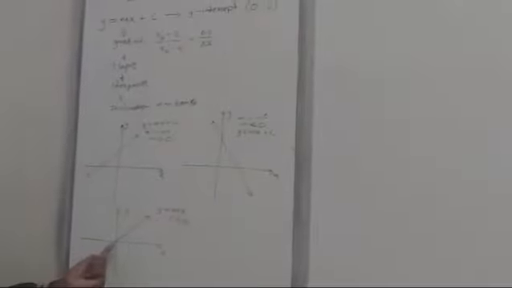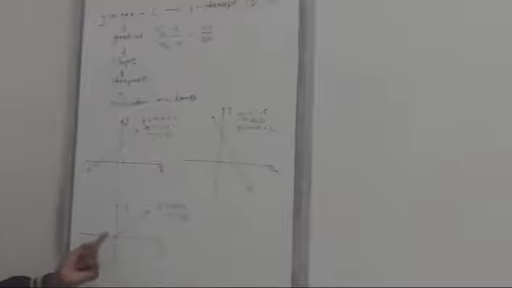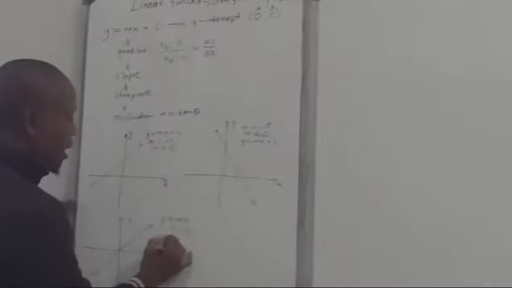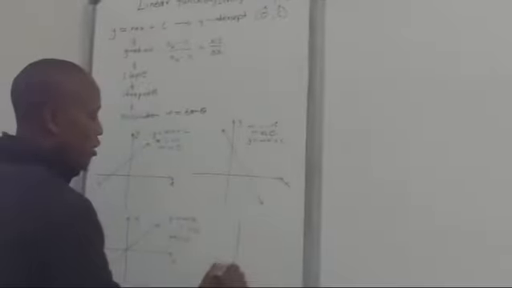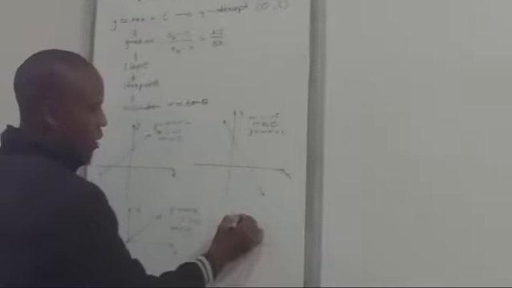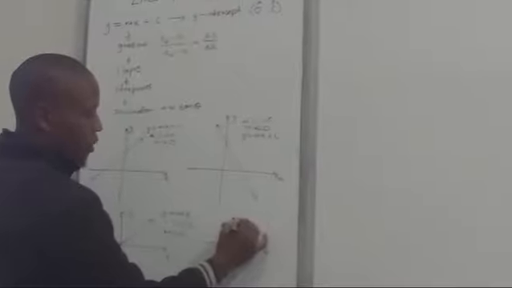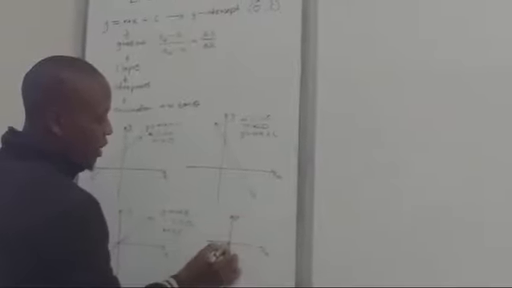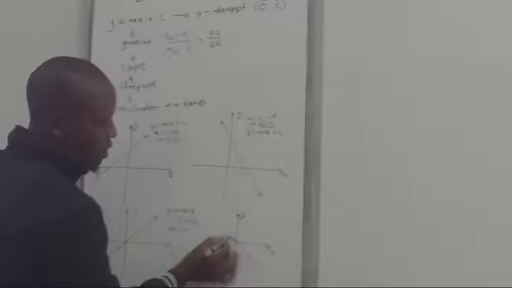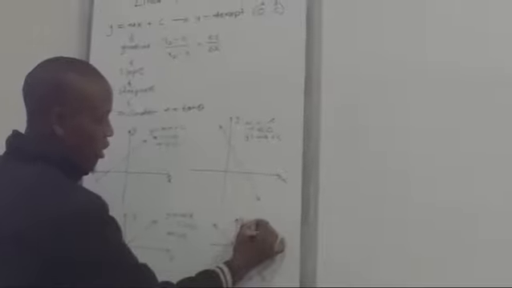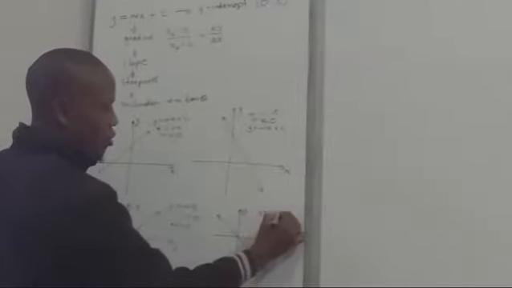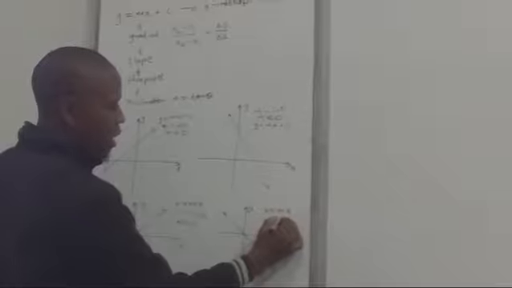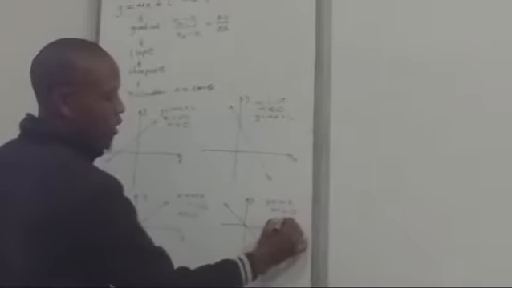When c is 0, your line is passing through the origin. The gradient of this, because it's going up, is m greater than 0. If it's going down, passing through the origin, then you still have y equals mx, but m this time is less than 0 and c equals 0.